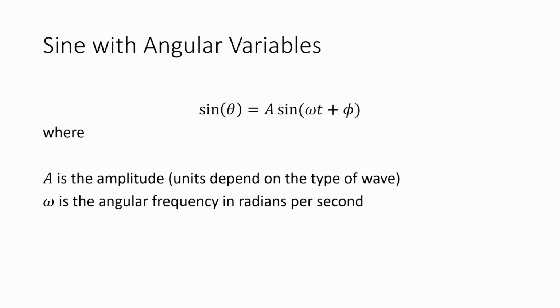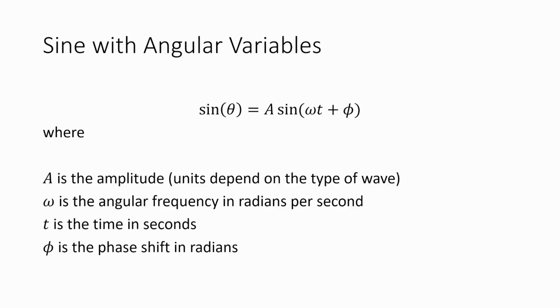The angular frequency is the frequency expressed in radians, not cycles per second, not hertz, but in radians per second. So if the wave completes one wave in 1 second, then it goes through 2 pi radians in that second, and therefore your angular frequency omega would be 2 pi.